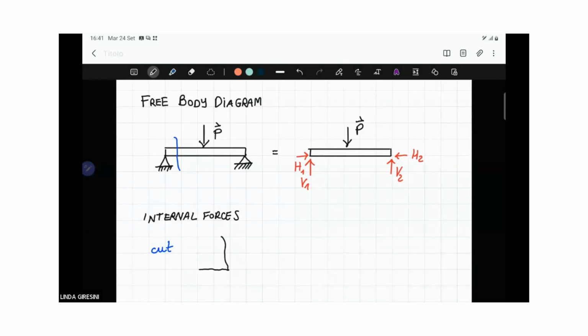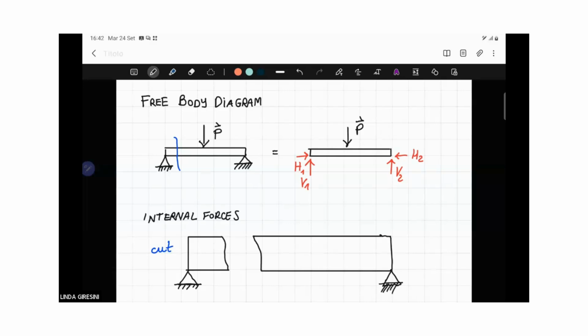It will be like this, for example. I cut in a specific point of the beam itself. It's a generic cut, of course. It mustn't be in a specific position, but in any position.